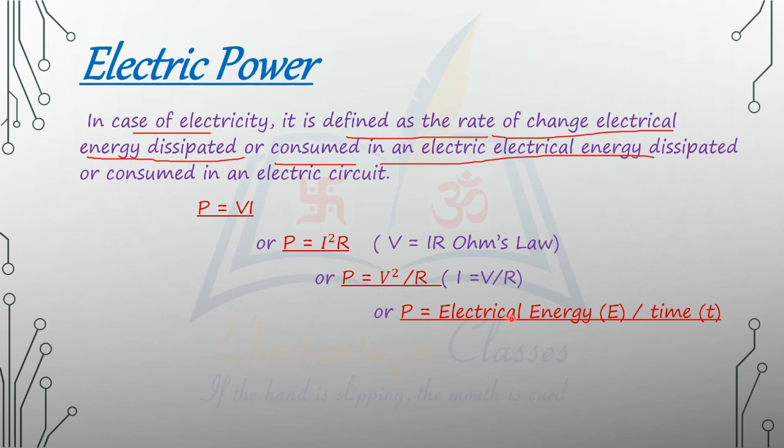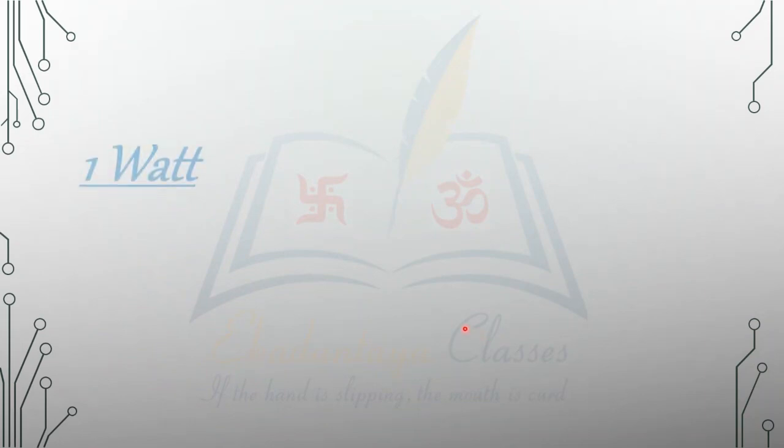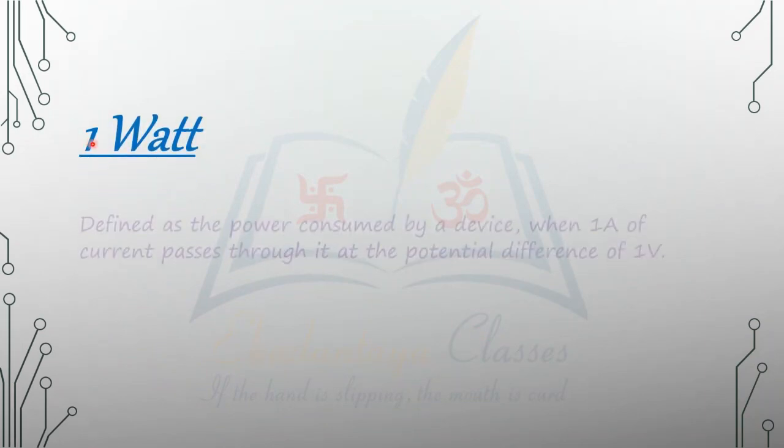Or P is equal to electric energy divided by time. The SI unit of electric power is watt. What is 1 watt?